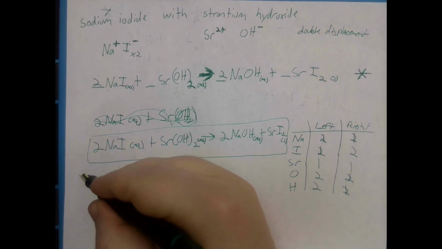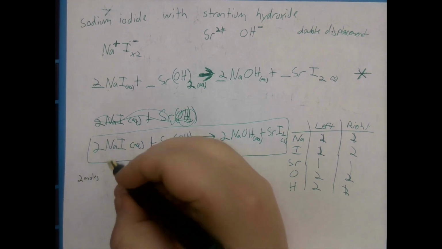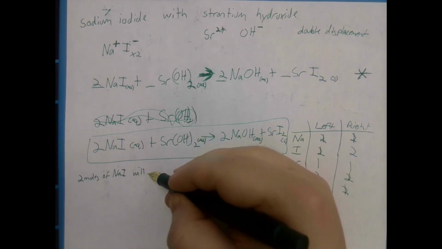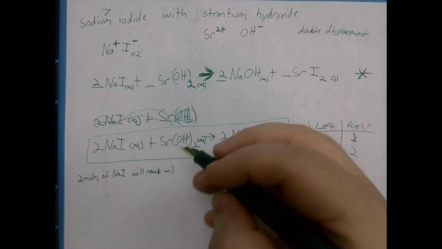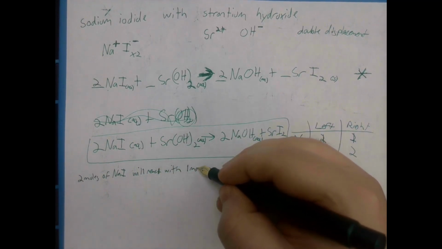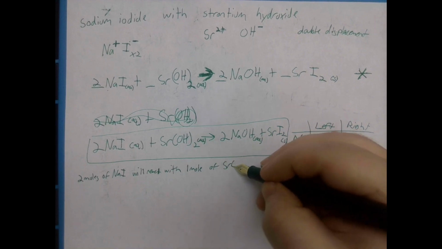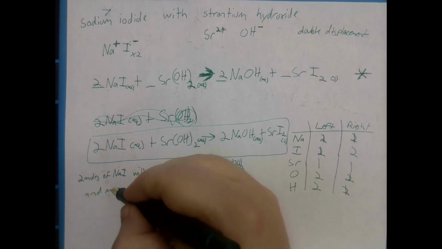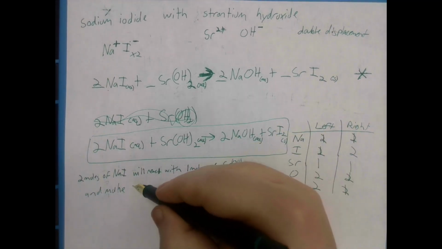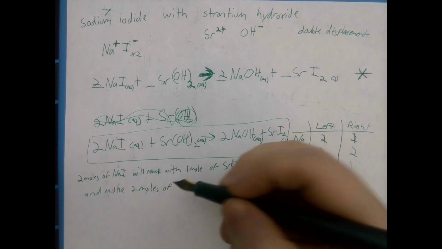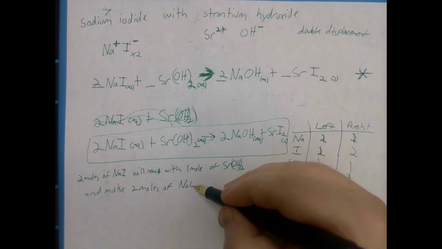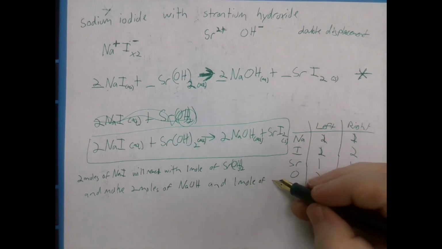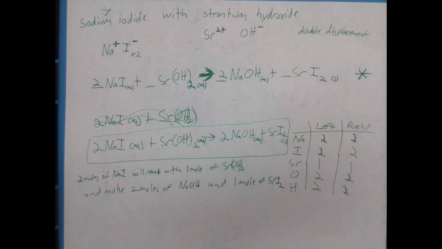Well, I know for every 2 moles of NaI will react with 1 mole of SrOH, strontium hydroxide, and make 2 moles of sodium hydroxide and 1 mole of SrI2.